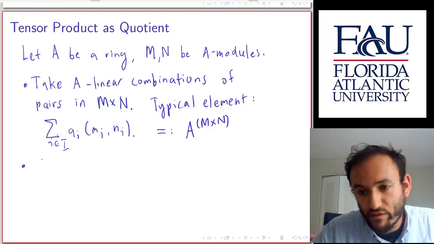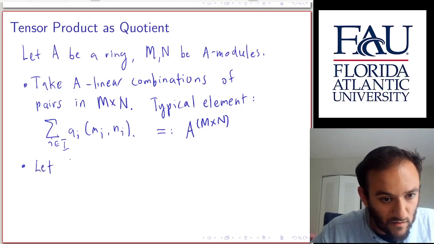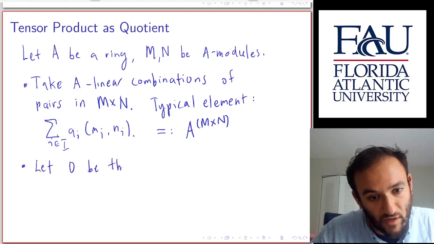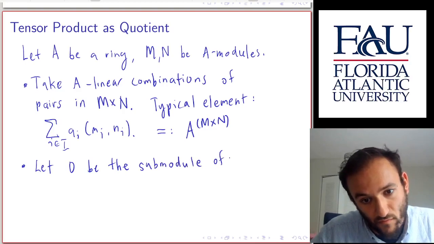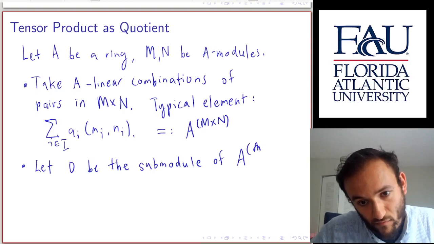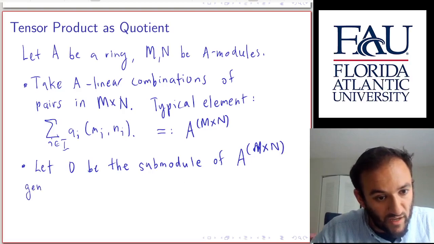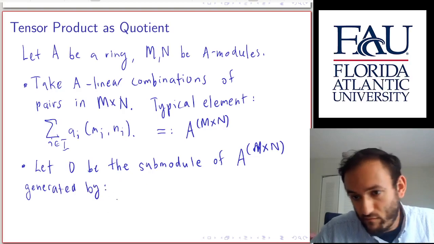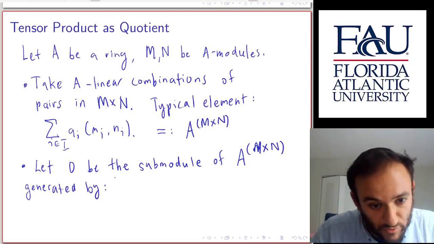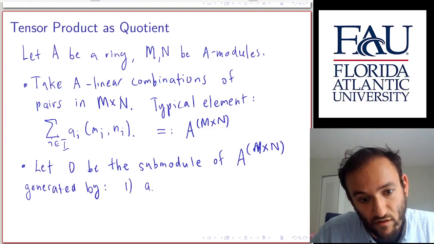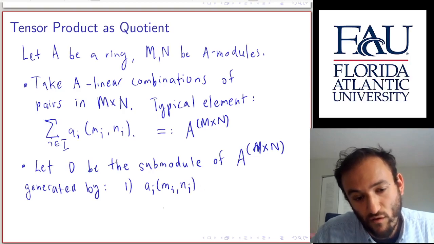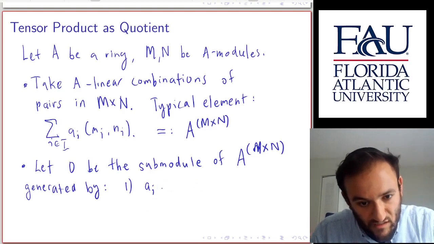Now we're going to introduce a submodule. So let D be the submodule of this free module generated by, so we're going to have relations of the following type in this submodule. We're going to have a_i times (m_i, n_i). Actually, we can forget the indexes.